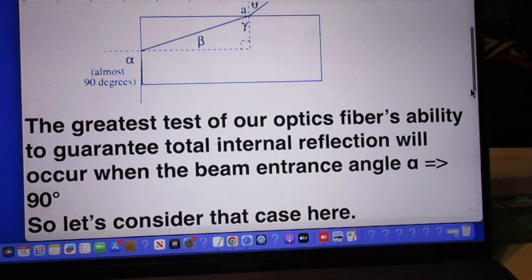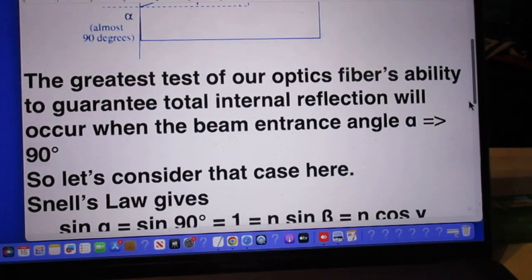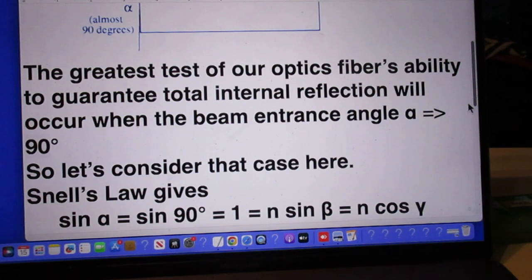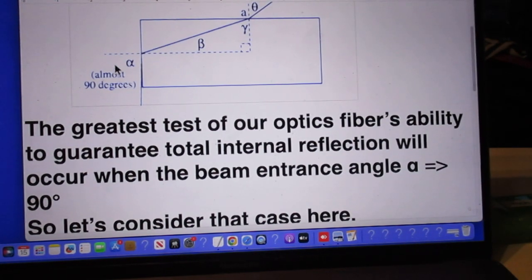So let's consider that case here. Snell's law gives that the sine of alpha, which is in this case the sine of 90 degrees, is 1. And that is obviously n sine beta. Snell's law going from here to there.